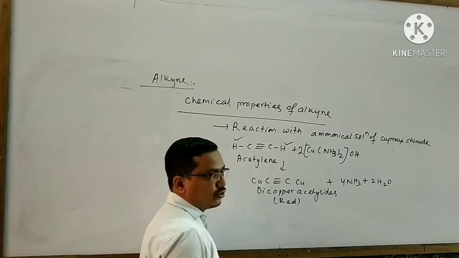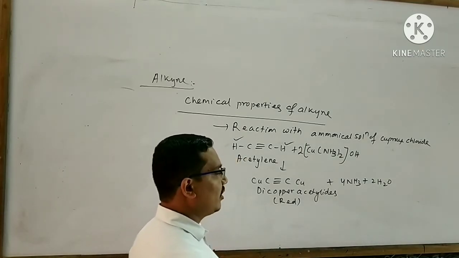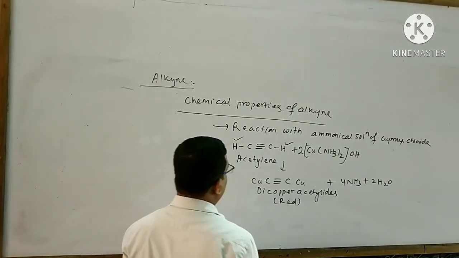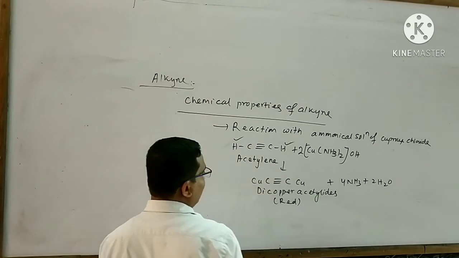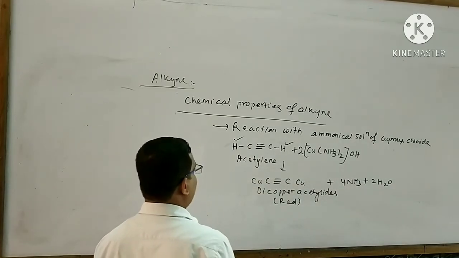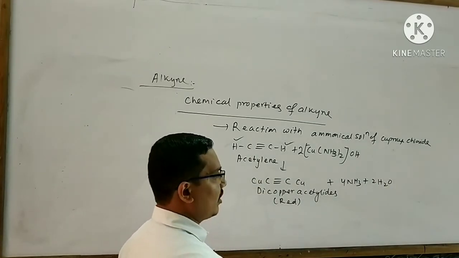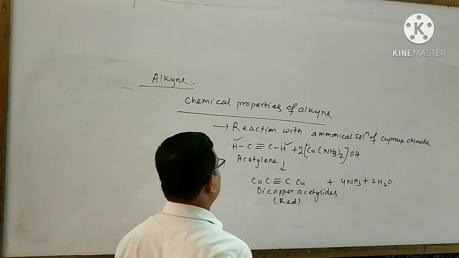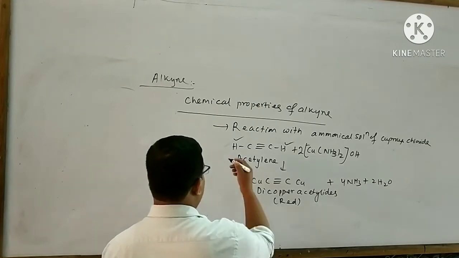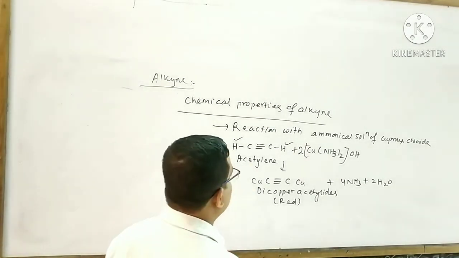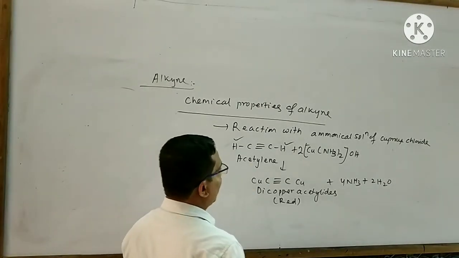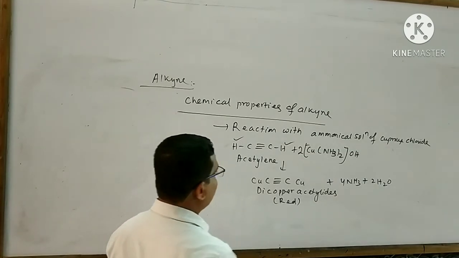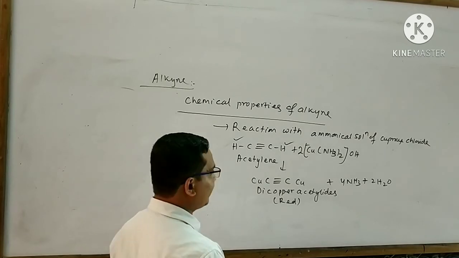It is also used for distinction between terminal alkyne and internal alkyne. Look, the acetylene molecule loses two hydrogen atoms, so acetylene shows acidic character in this reaction. So this reaction supports the acidic nature of acetylene. By this reaction, we can also explain the acidic nature of alkynes.